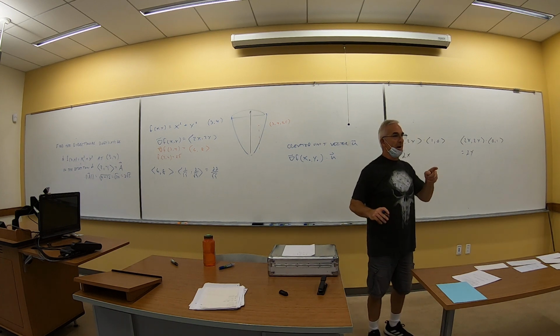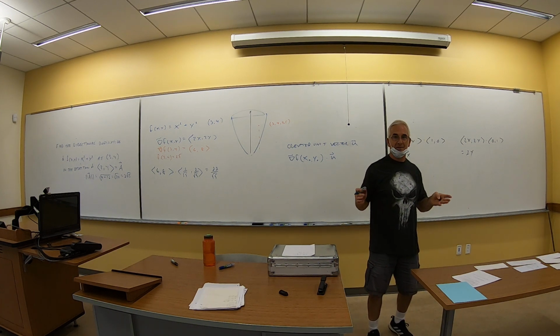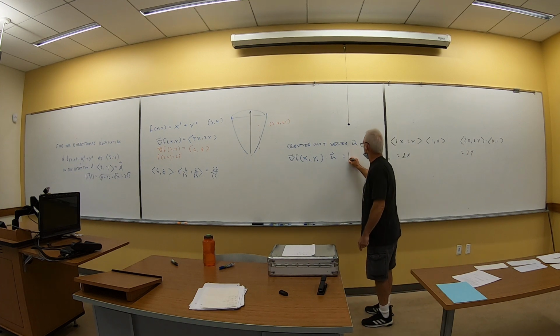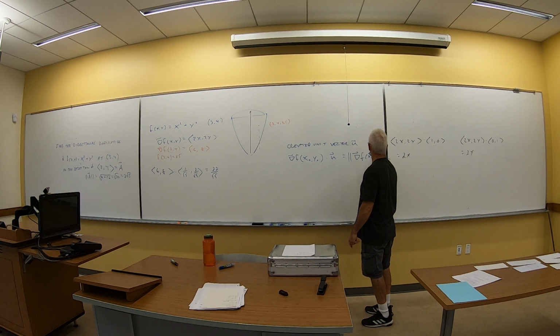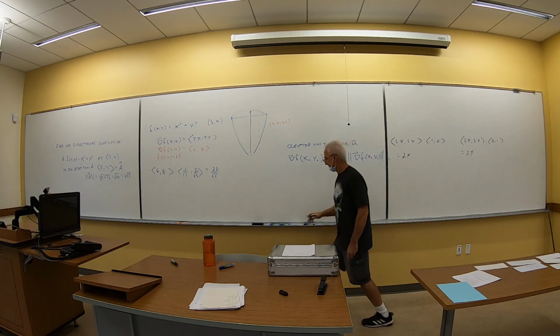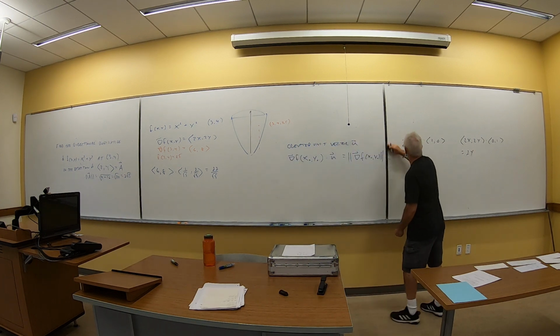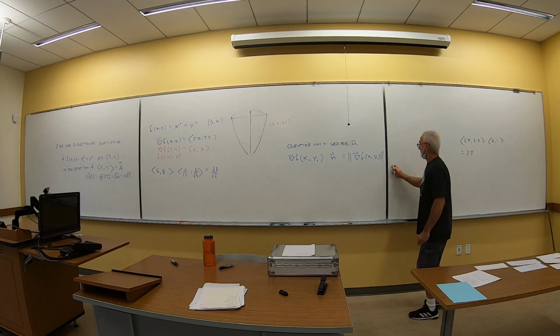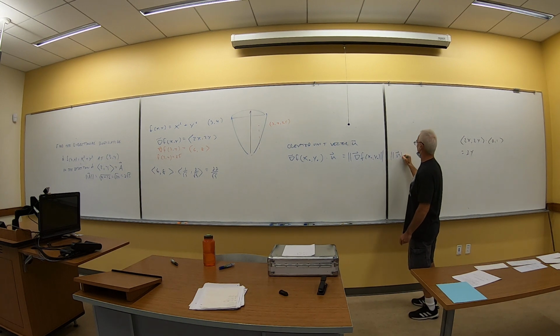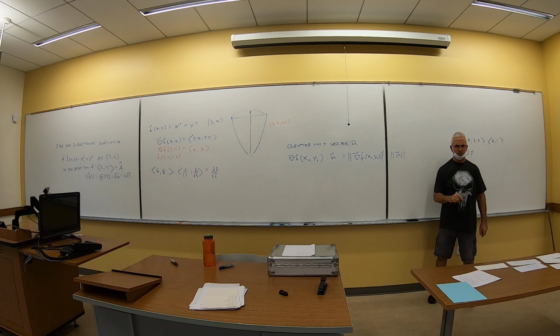Because think about the dot product in terms of magnitudes. Isn't this equal to the magnitude of the gradient times the magnitude of u? What's the magnitude of u? 1. Okay.